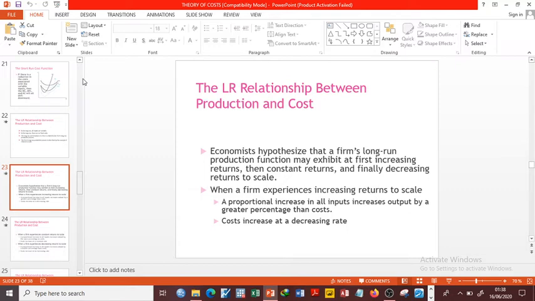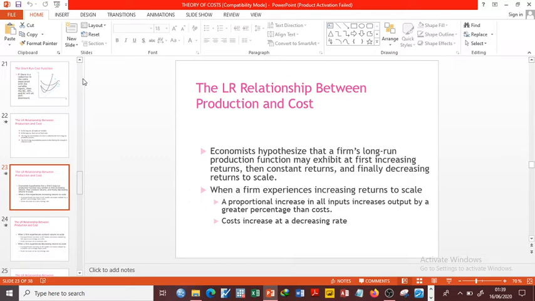If there is a change in input, what will happen to output? That's exactly what we mean by the concept of returns to scale. Now, we have increasing returns to scale, constant returns to scale, and decreasing returns to scale.